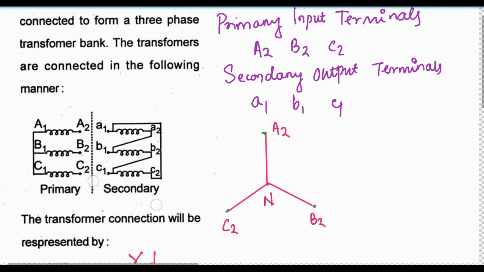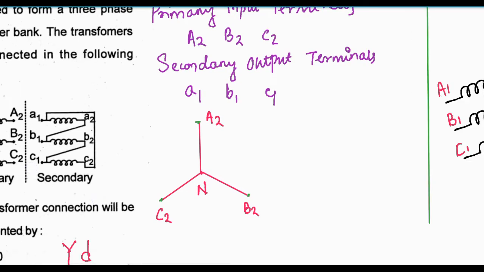So here secondary output terminals are A1, B1 and C1. So how to draw? First we have to, second one is delta connection. So at the middle I will draw this one, a line which represents, and the output will be A1 here, because A2 is the output of primary and small a1 is the output of secondary.